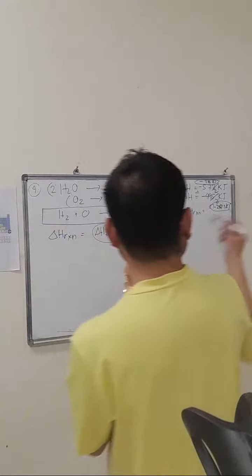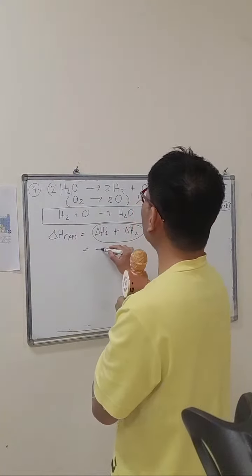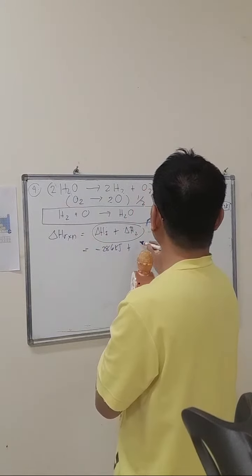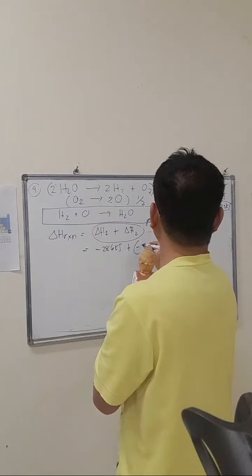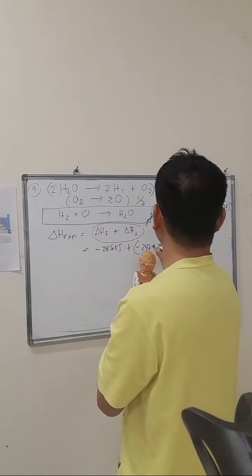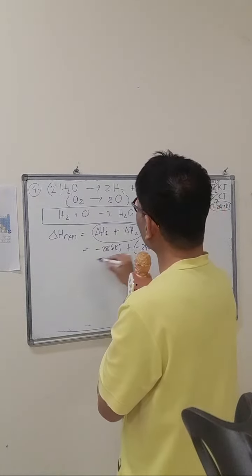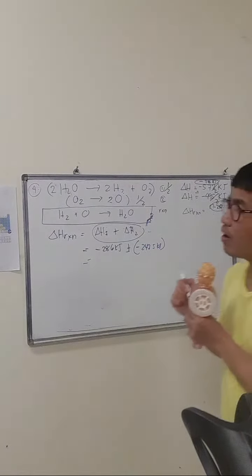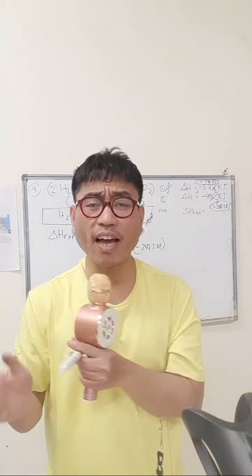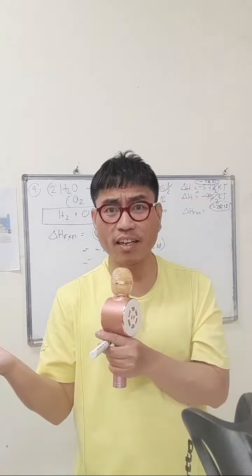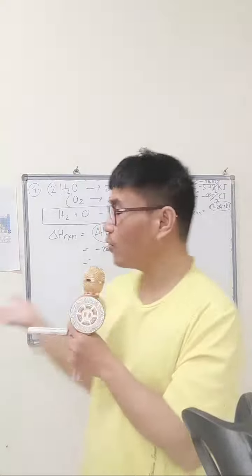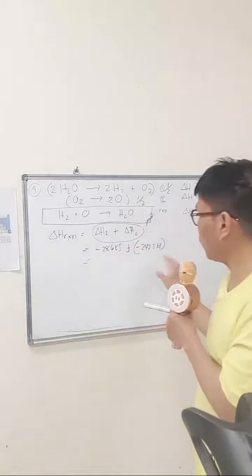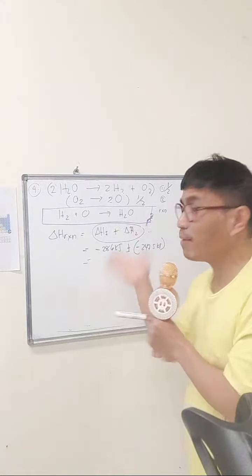So delta H1 will now become negative 286 kilojoules plus delta H2, negative 247.5 kilojoules. Why do I always put a plus sign here before putting the negative? Because the students will interpret that I subtract directly. Since the rule is to add, because this is summation. If I don't put the plus, anyway I can put it directly.